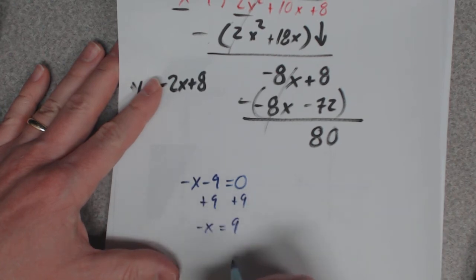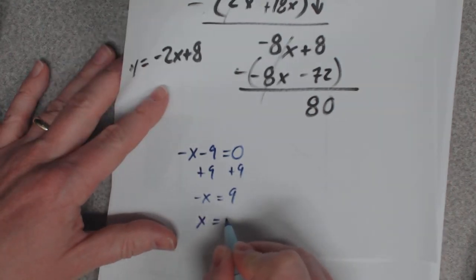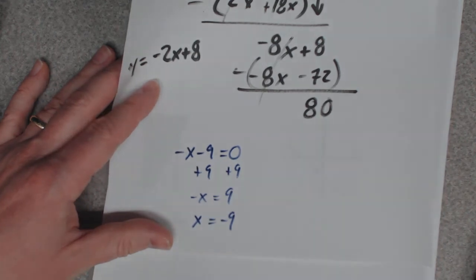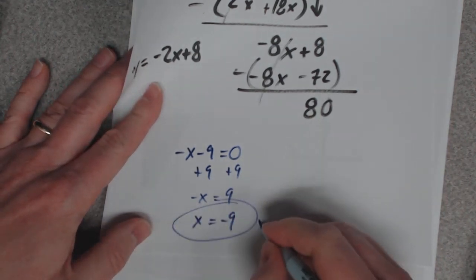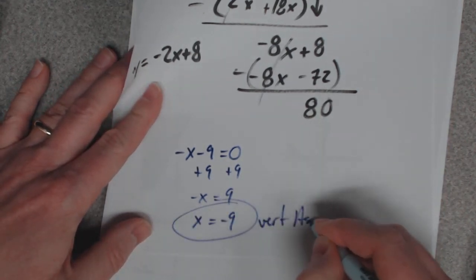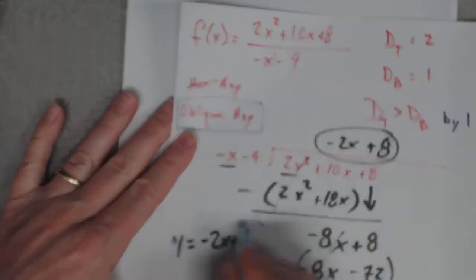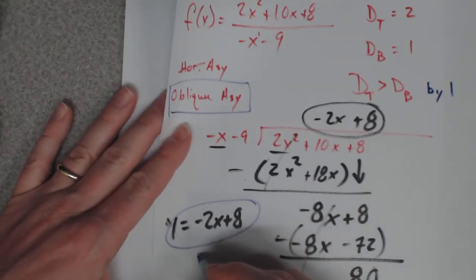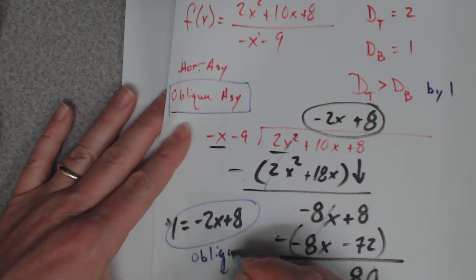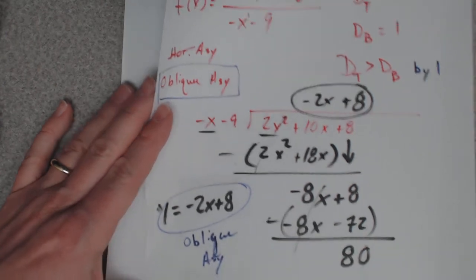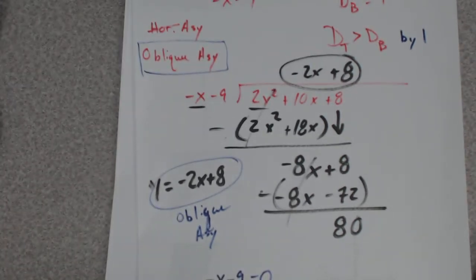Negative x equals 9, which means x equals negative 9. So x equals negative 9 is the vertical, and y equals negative 2x plus 8 is the oblique asymptote.